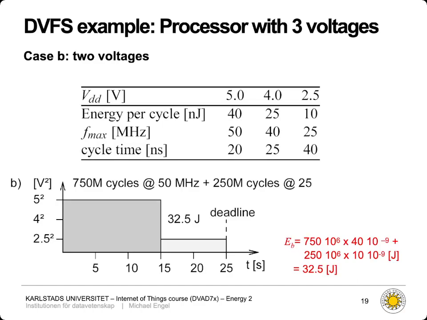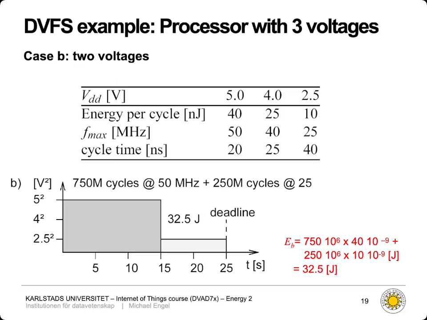Another example would use two different voltages of our 3 voltage processor. We have the same table as before. And then we could make use of the fact that we had 5 seconds left over because we were finishing 5 seconds before the deadline. So this could use 750 million cycles executed at full speed at 50 megahertz.